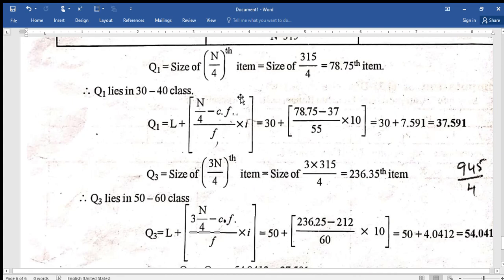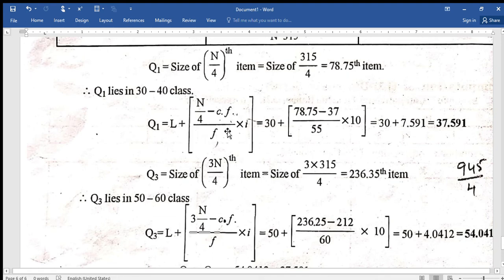Let me explain this formula. That is, the first quartile is equal to L plus n by 4 minus Cf by f into i. This is the formula. Here L means the lower limit of the Q1 class. Q1 means the first quartile. n by 4th, we already know the value.